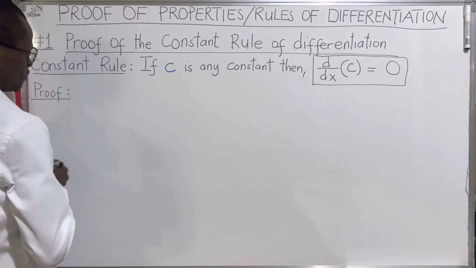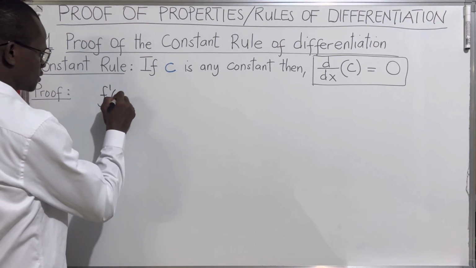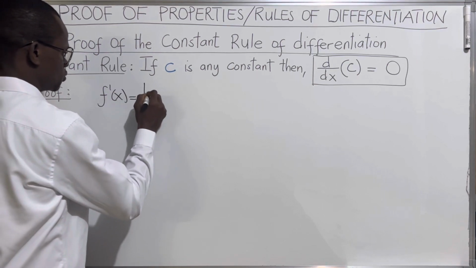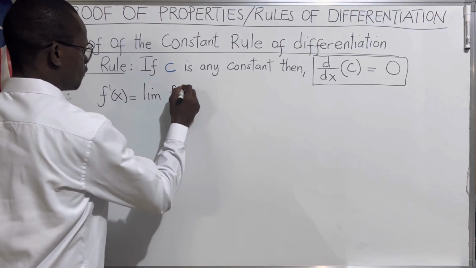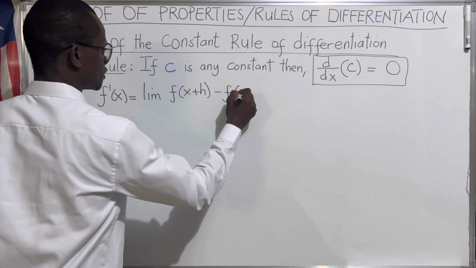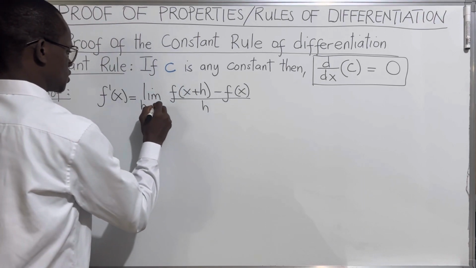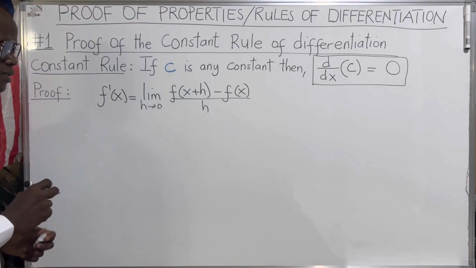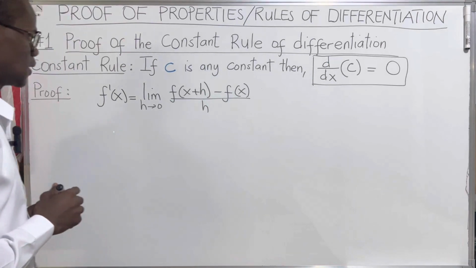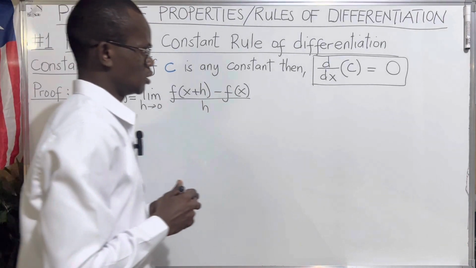The first principle of derivative says f prime of x equals the limit of f of x plus h minus f of x divided by h as h gets closer and closer to 0, or as h is approaching 0.